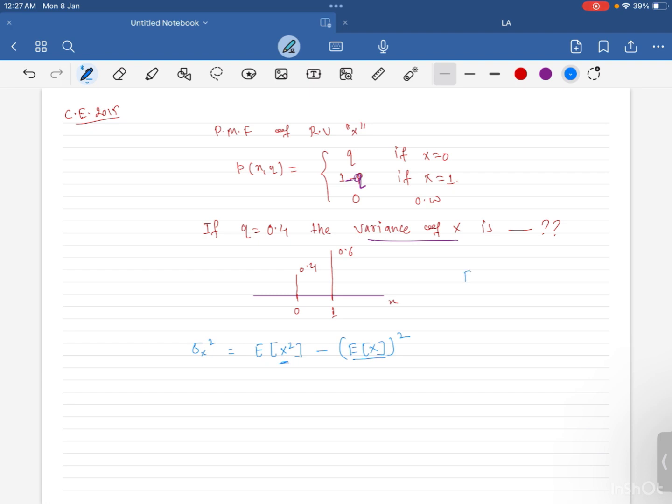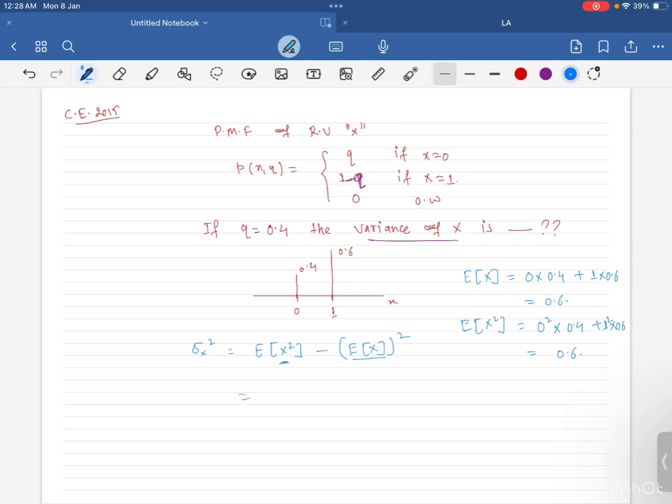So let me first find the expected value of x, that would be 0 times 0.4 plus 1 times 0.6, which is equal to 0.6. Now let's find the expected value of x square, that is 0 squared into 0.4 plus 1 squared into 0.6, so that is also going to be 0.6.